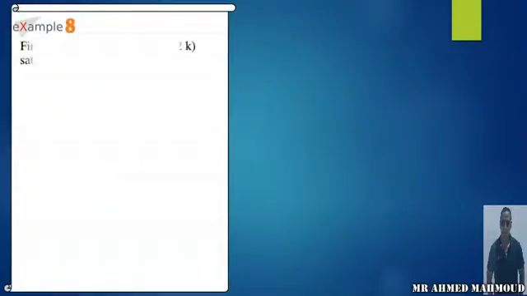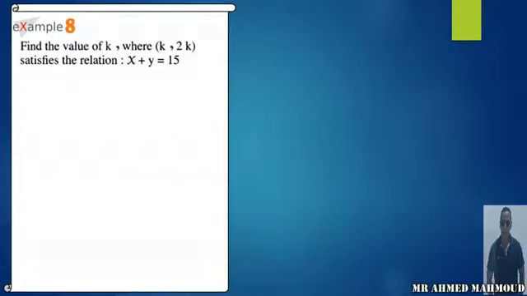Here we have example 8: find the value of k where k and 2k satisfy the relation x plus 2x plus y equals 15. This is x and this is y. Don't forget, I will substitute in place of x and y, then k plus 2k equals 15. k plus 2k equals 3k, so 3k equals 15.